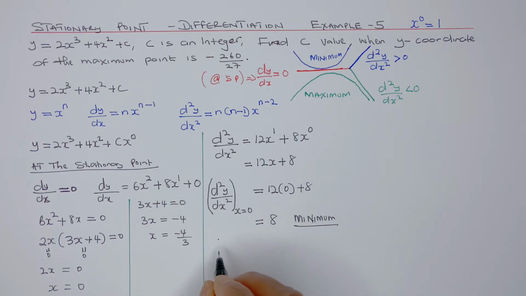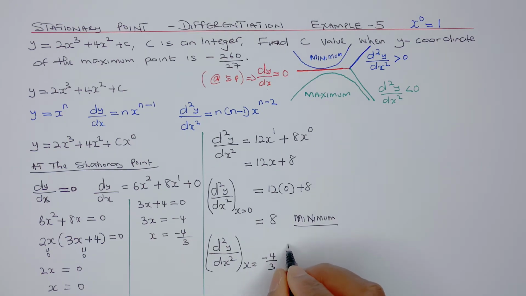Now when x equals minus 4 over 3, d2y/dx squared should be 12 into bracket minus 4 over 3, plus 8.